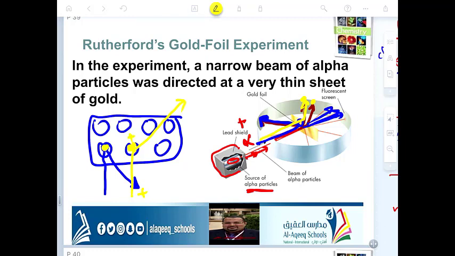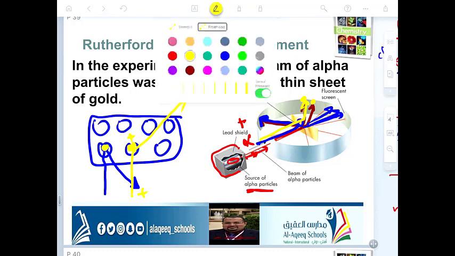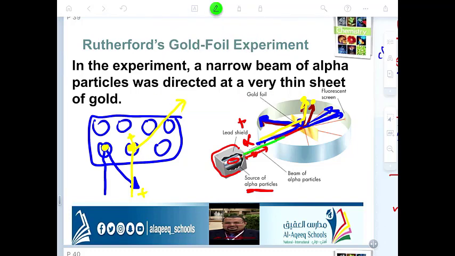The third observation: the majority of these rays penetrated and moved in a straight line. What does it mean? It means the rays are moving without any hitting, like this, like this, maybe like this, and so on.